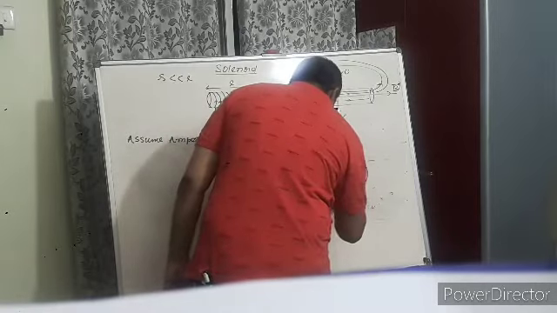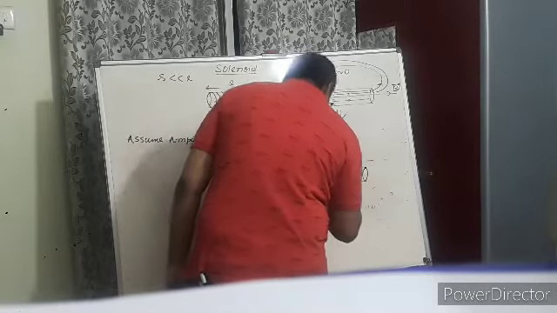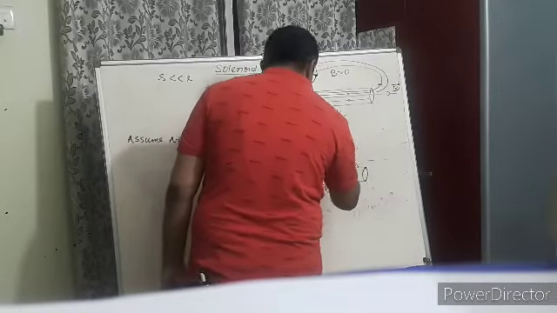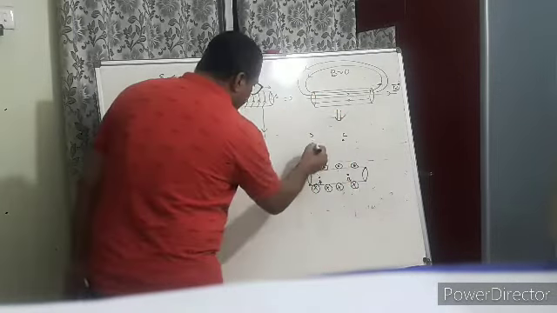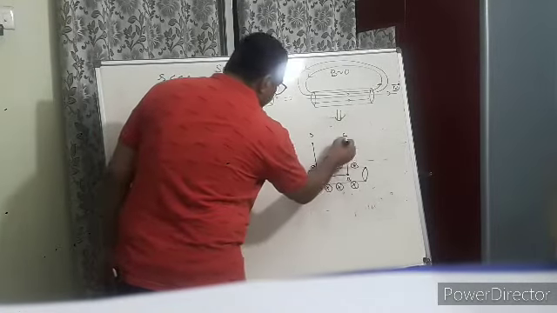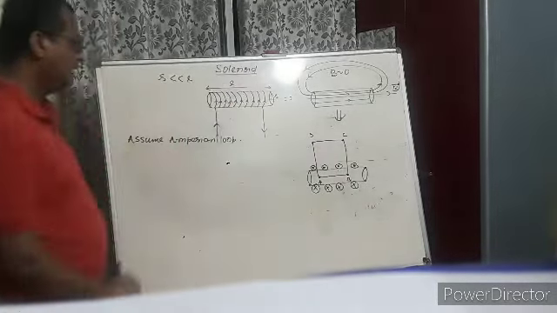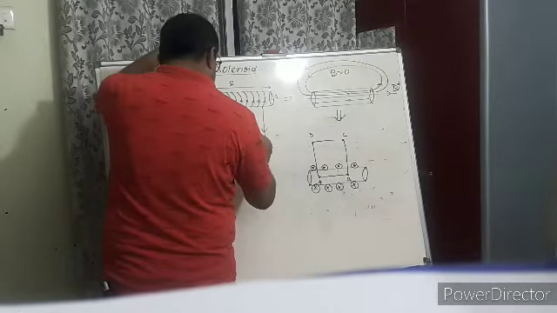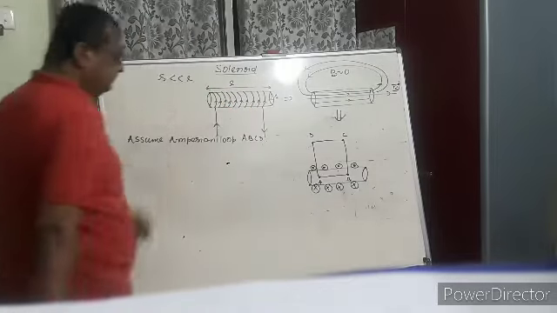We are taking 2 points inside the core and 2 points outside the core, and joining all the 4 points. So assume the Amperian loop A, B, C, D.